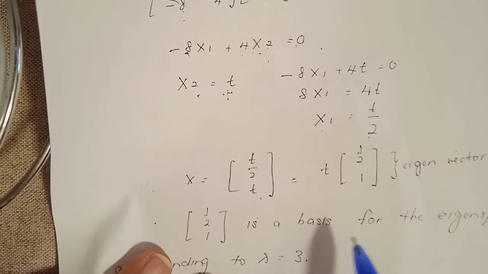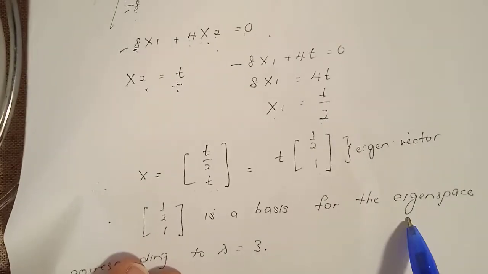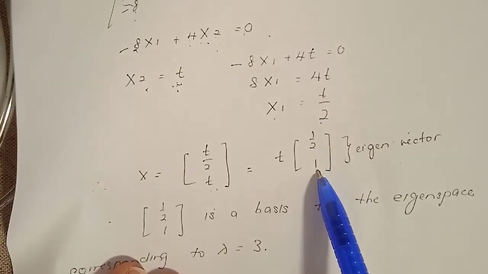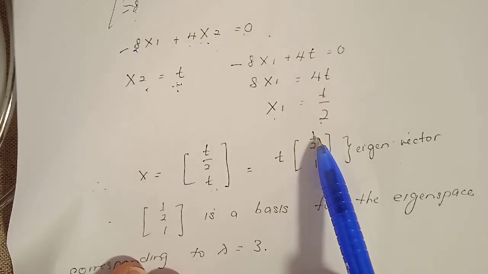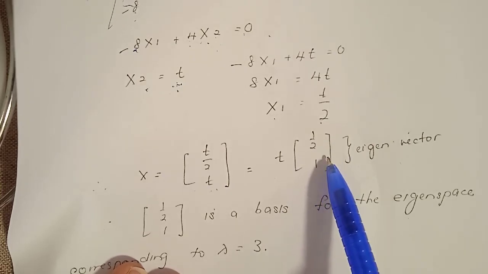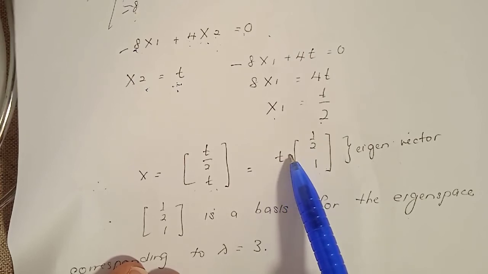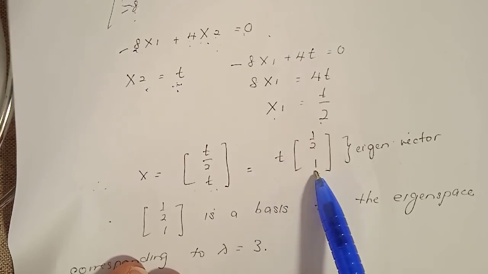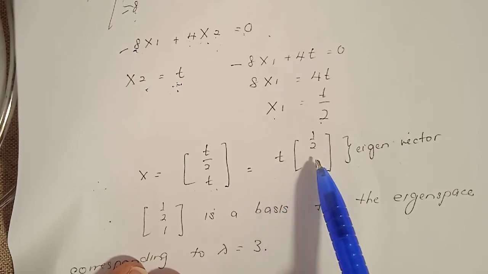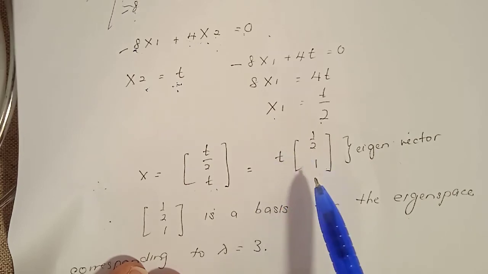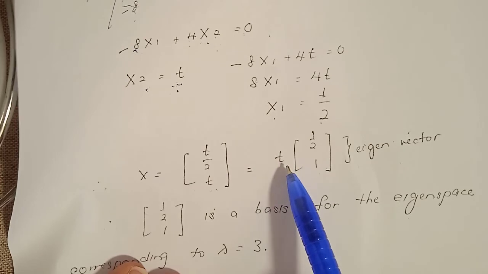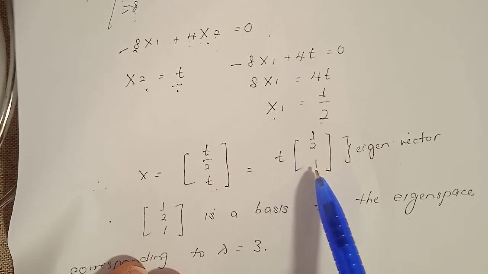Actually, this is a basis for the eigenspace. This is also an eigenvector. An eigenvector can be a multiple of t. If t is 1, then the eigenvector becomes half and 1. If t is 2, then the eigenvector becomes 1 and 2. If t is 3, then the eigenvector becomes 3 over 2 and 3, and so on.